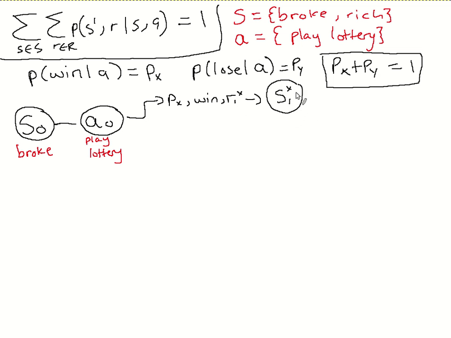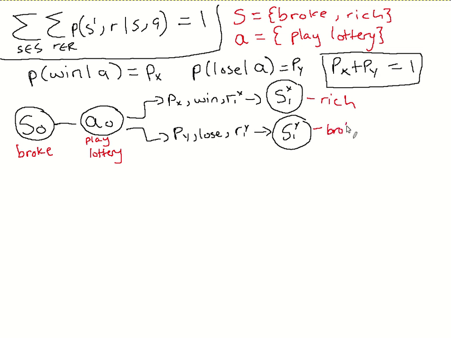We know that in this state, we'll be rich. Why? Because we won the lottery. On the other hand, with a probability of Py, we would lose, get a negative reward, which I'll call R1y, and end up in state S1y. And we know that in this state we would be broke.